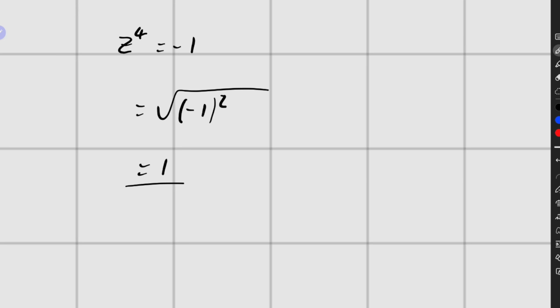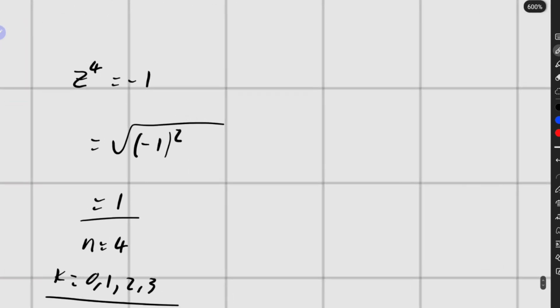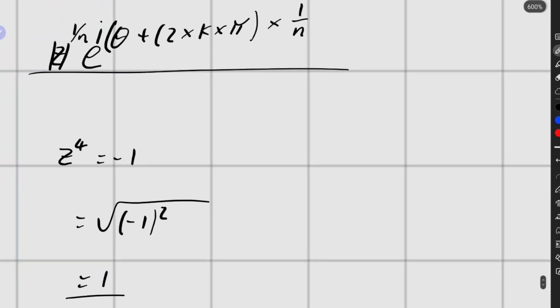n equals 4, k equals 0, 1, 2, and 3. So these are all the values that k can equal, the numbers that are less than 4, but not less than 0. Alright, so now we know that, it's a simple matter of substituting it back into this formula. So make sure you write this down.